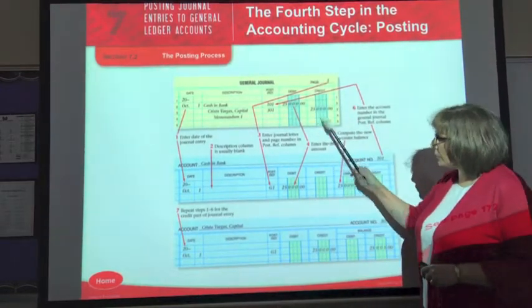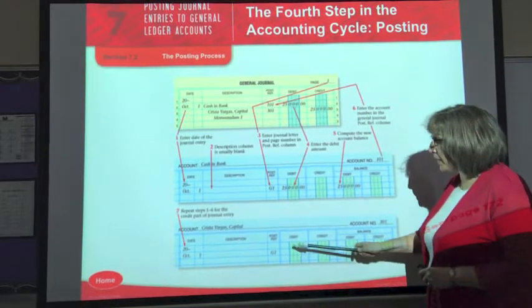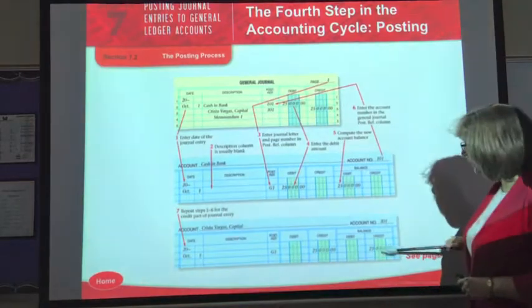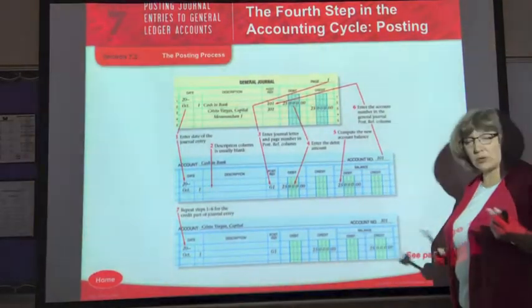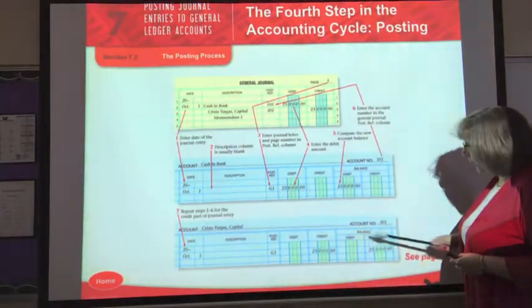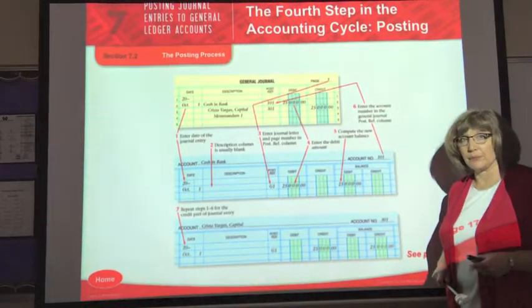It was a credit of $25,000, so we're going to record $25,000 down here on this set of columns. And then we come to the balances, and we say, okay, now how much is Krista Vargas worth? Well, she was worth nothing before, and when I add the $25,000, she's now worth $25,000.